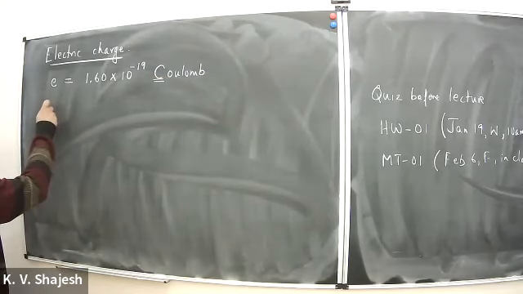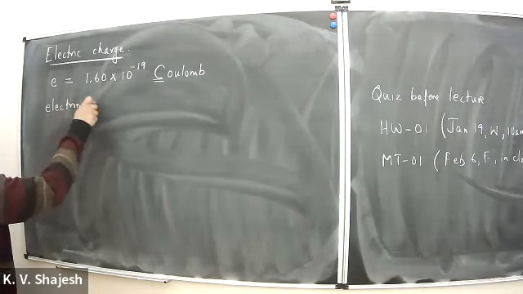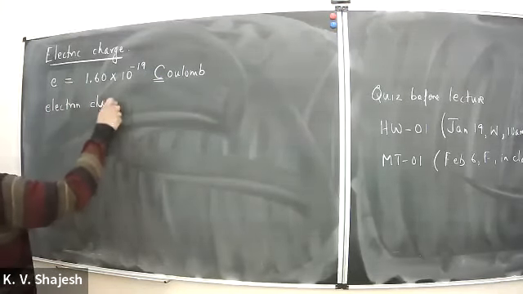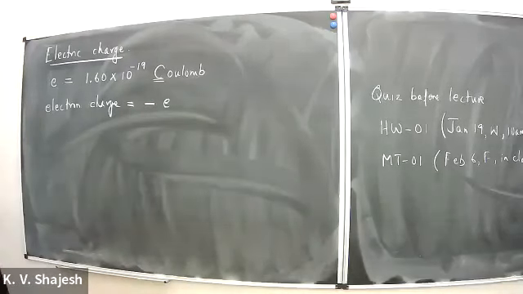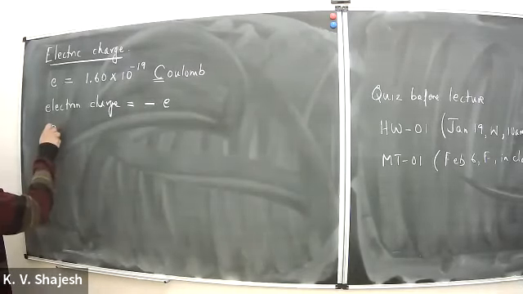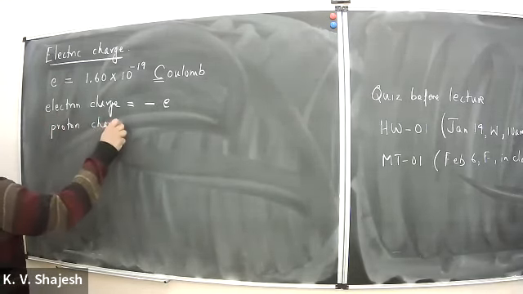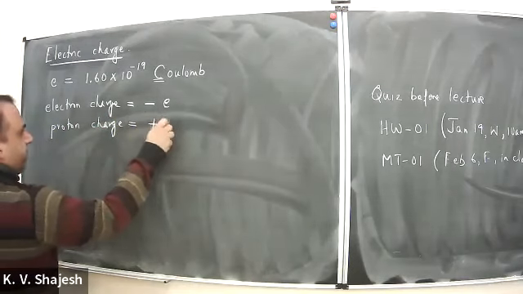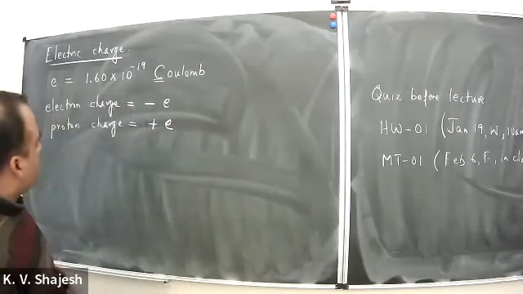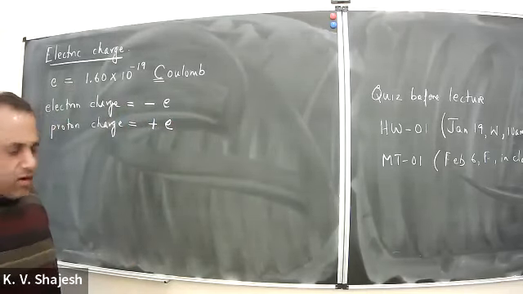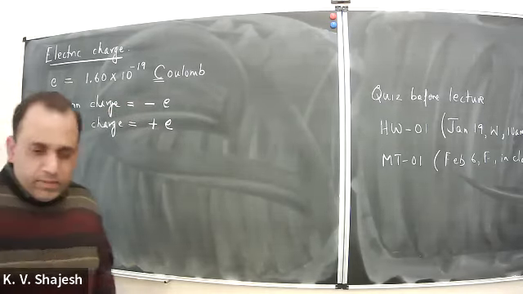The charge on an electron is equal to negative E, so it is negatively charged, and the charge on a proton is positive E, exactly the same amount. That's why an atom which is built out of electrons and protons is neutral, because these two add up to 0.